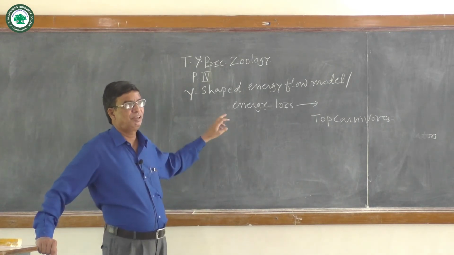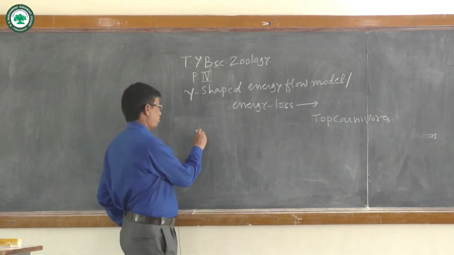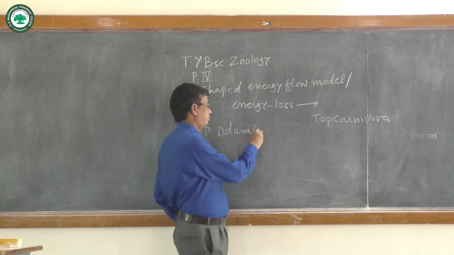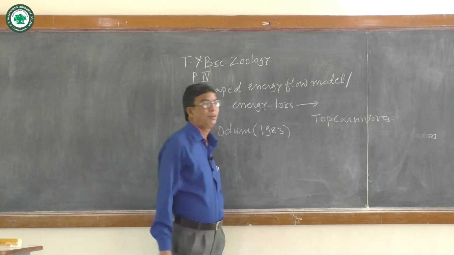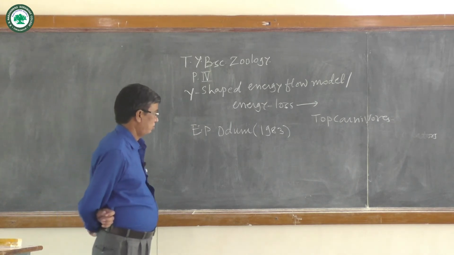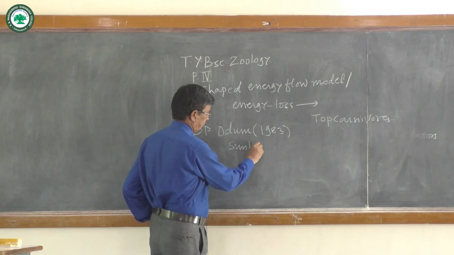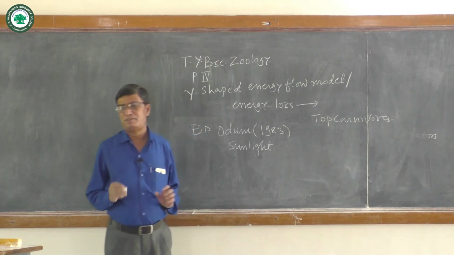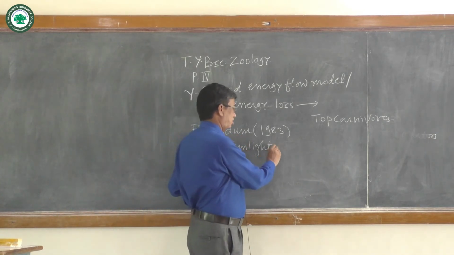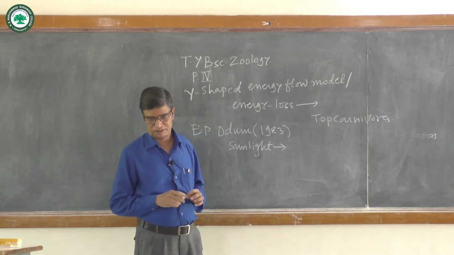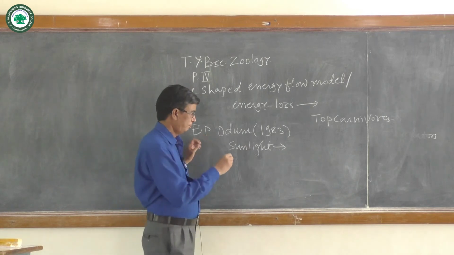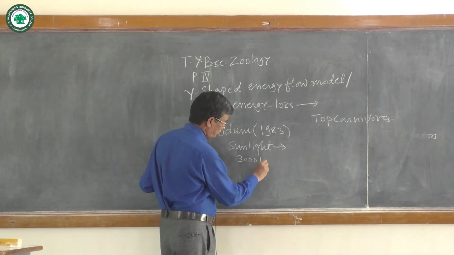For example, in the case of the single-channel energy flow model, according to Odum, suppose sunlight falls on the growing plant material, commonly called biomass, and the amount of sunlight is, for example, 3000 kilocalories.